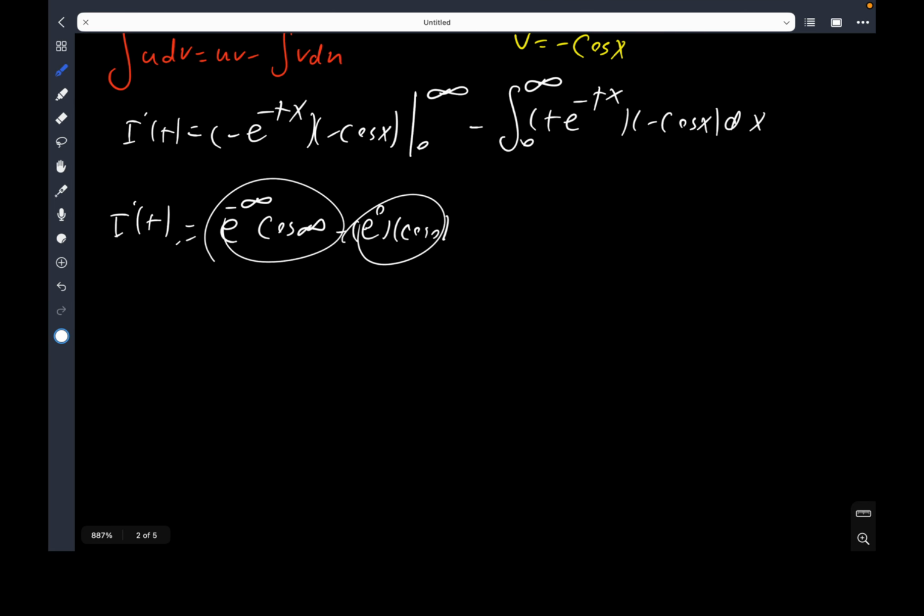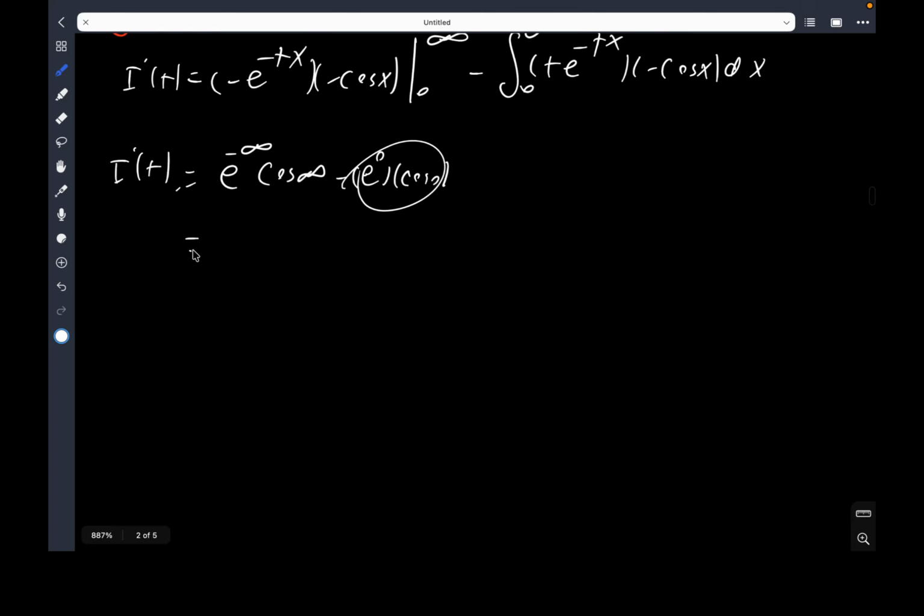E to the negative infinity, the limit is 0, it decays. So I can safely say that this whole thing here equals negative 1 plus t times the integral from 0 to infinity of e to the negative tx cosine x dx, my I prime of t.